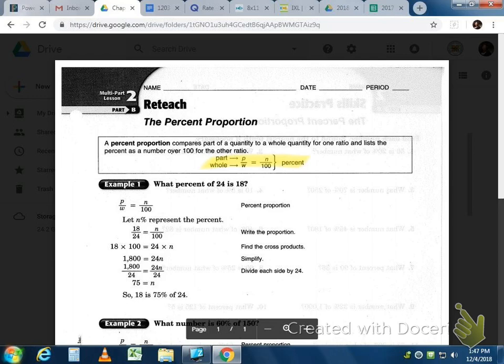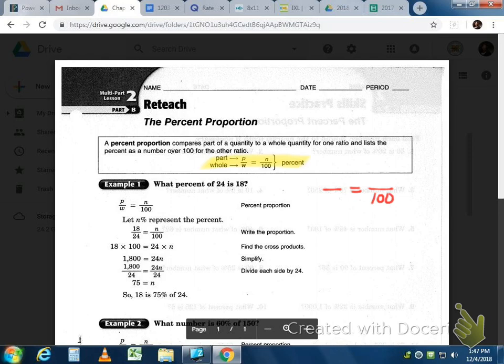I'm just going to write it, and I would like for you to add this to your notes that might help you figure out what numbers go in what places. Every time you set up one of these problems, every time, this is how you begin. Fraction bar, equal sign, fraction bar, 100 on the bottom right.